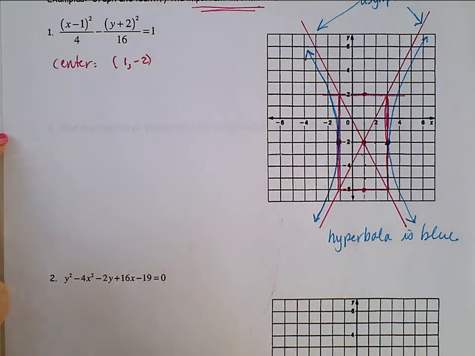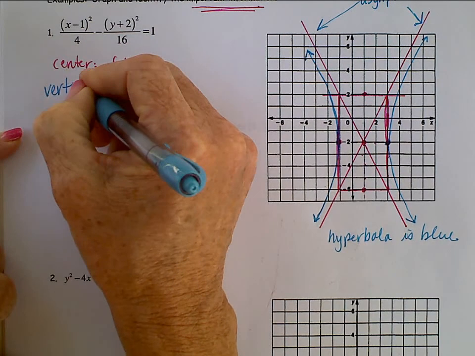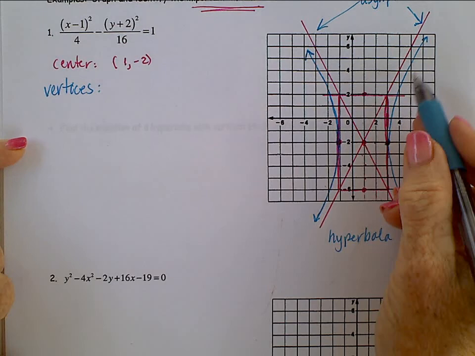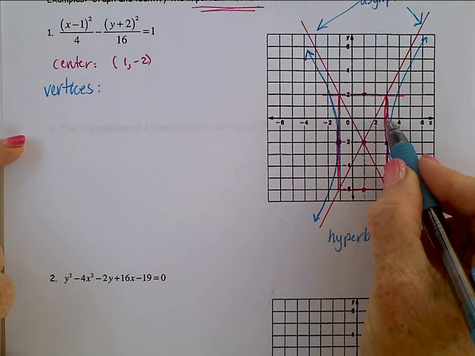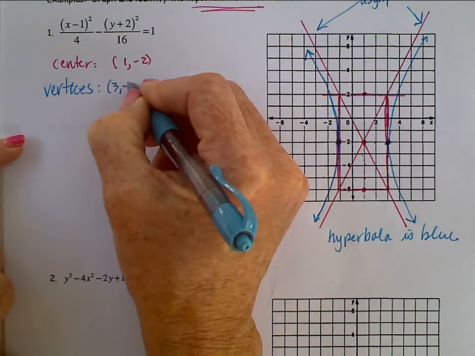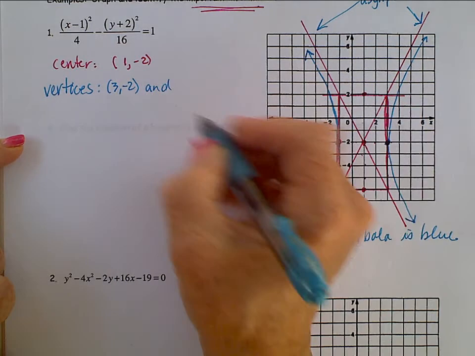We have the vertices. Vertices right there and right here, so that's at (3, -2) and (-1, -2).